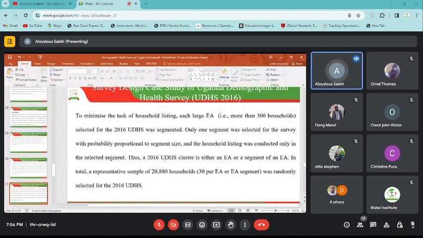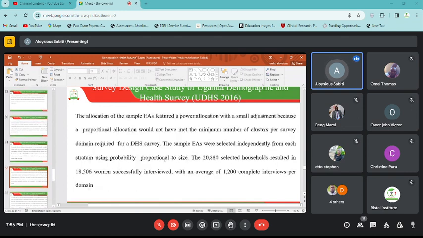Only one segment was selected for the survey. So a huge enumeration area was segmented, meaning it was divided into portions, and only one of the portions was selected for the survey. So that is just a description of how you can further sample or how you're able to generate your sample in terms of sampling in research.